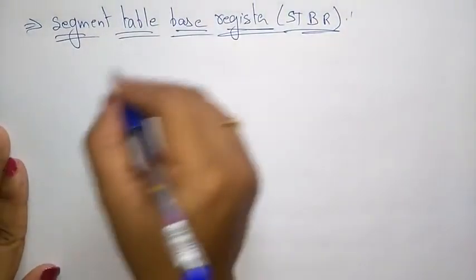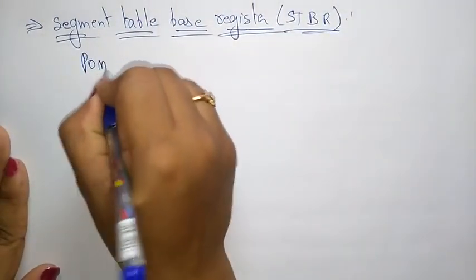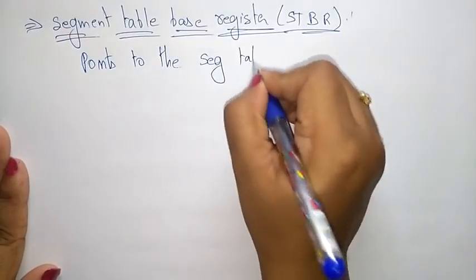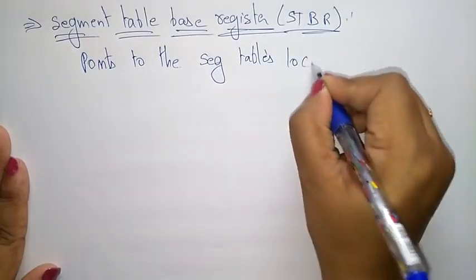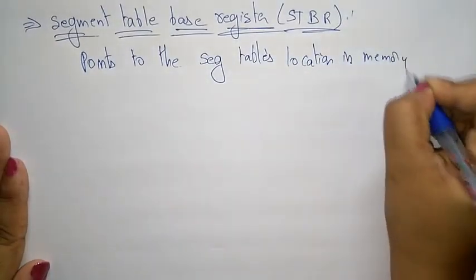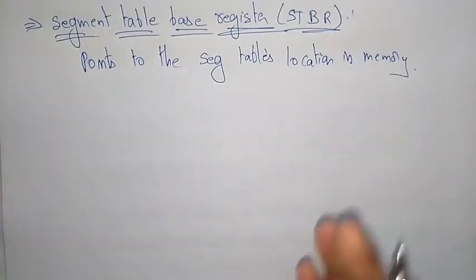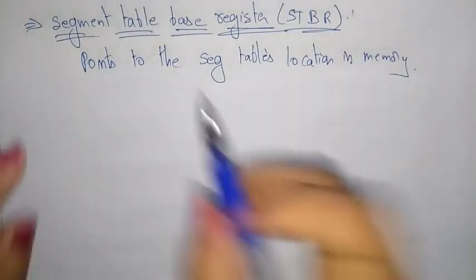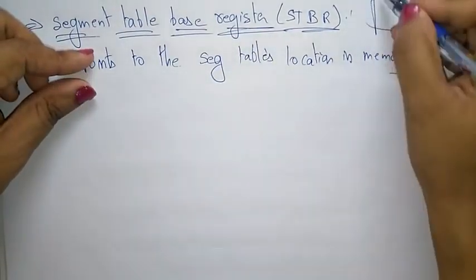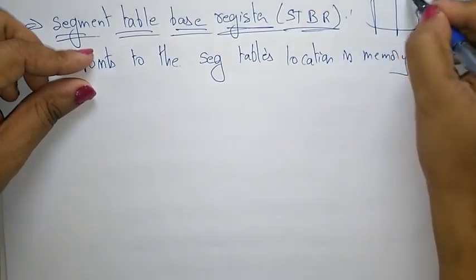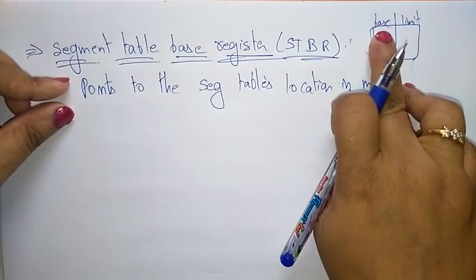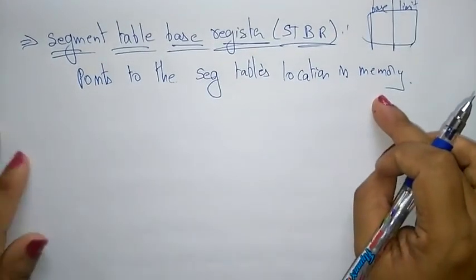It points to the segment table's location in memory. So whatever I said, the base and the limit, this is the base and this is the limit. The segment table base register points to the segment table location in memory.